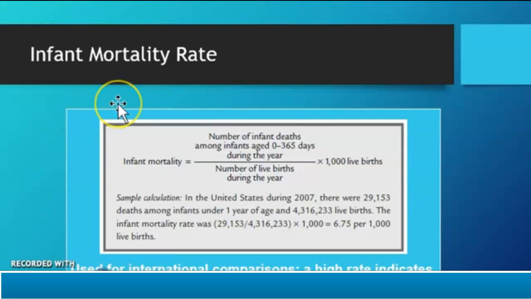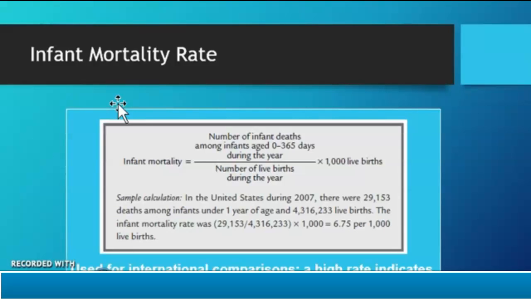If you have the number of infant deaths among infants aged 0 to 1 year during the year, and then you have the number of total live births during the year, then if you're able to divide that and then multiply it by 1,000, then you can determine what the infant mortality rate is per 1,000 live births.